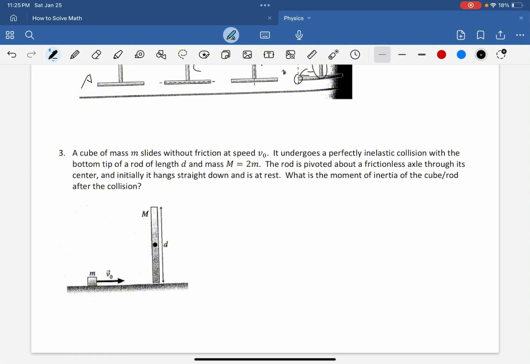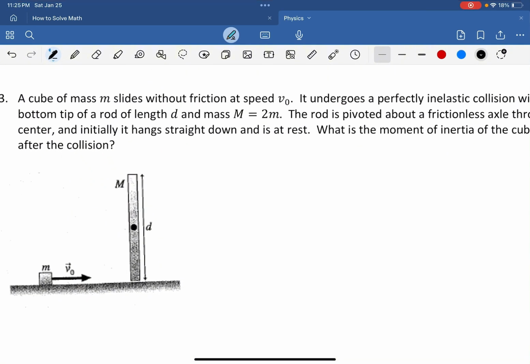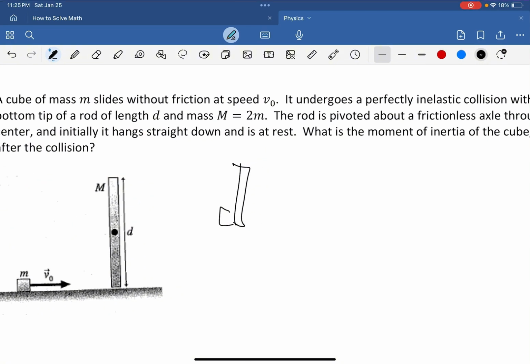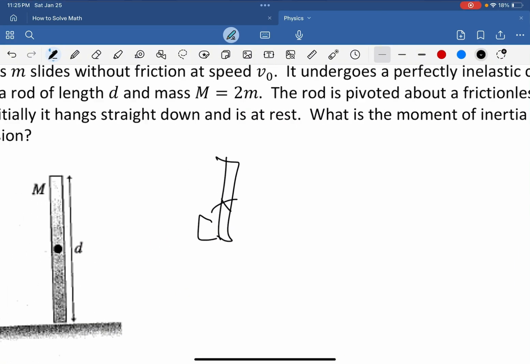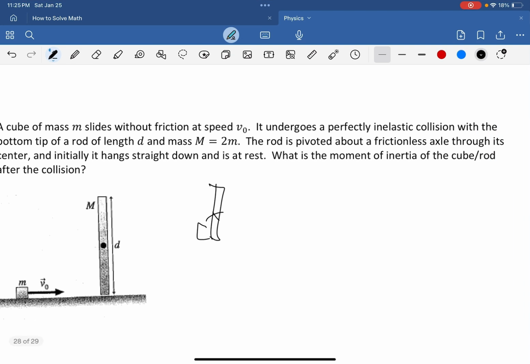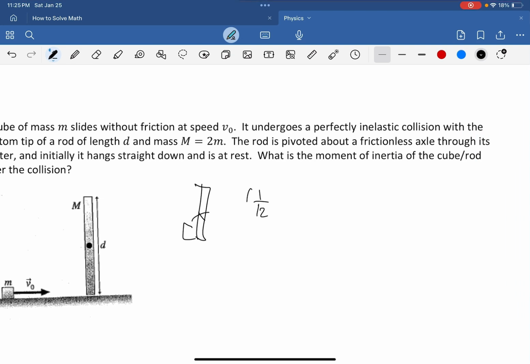Okay, it's going to be this, all right? And the pivot point is right there. So our equation for the thin rod when it's like that is going to be 1/12 L squared.